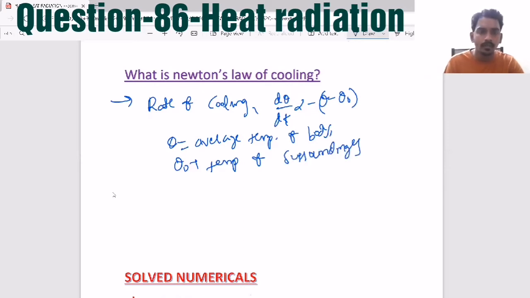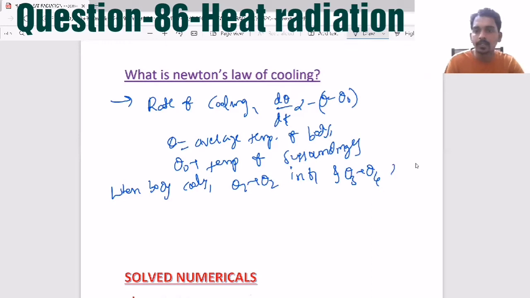Now suppose the body cools from theta 1 to theta 2 in time t1, and theta 3 to theta 4 in time t2.